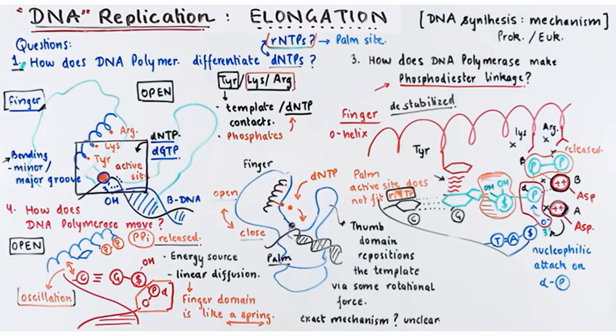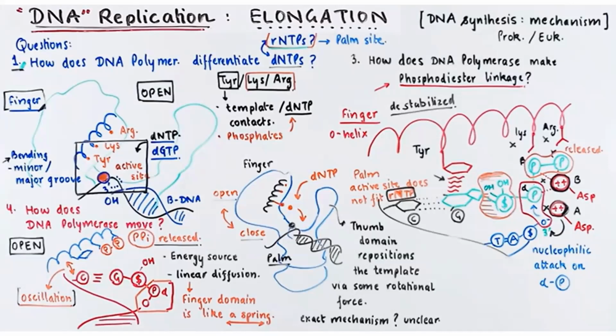After the bond is formed, the finger domain, the O helix, hinges back and takes away the phosphate. This pyrophosphate, this byproduct, is then released, and now the finger domain looks again like it did before, in the open configuration.